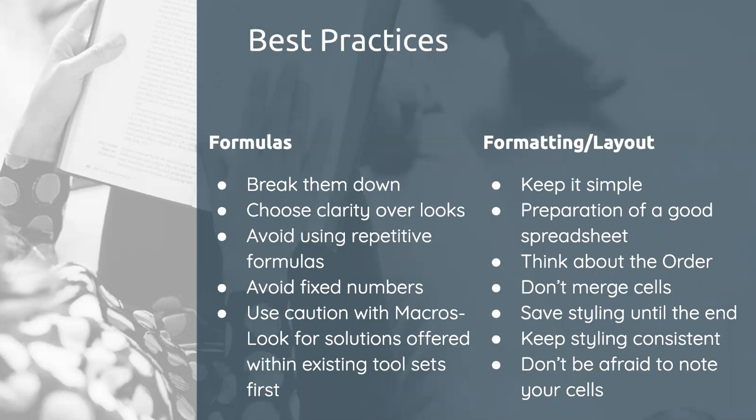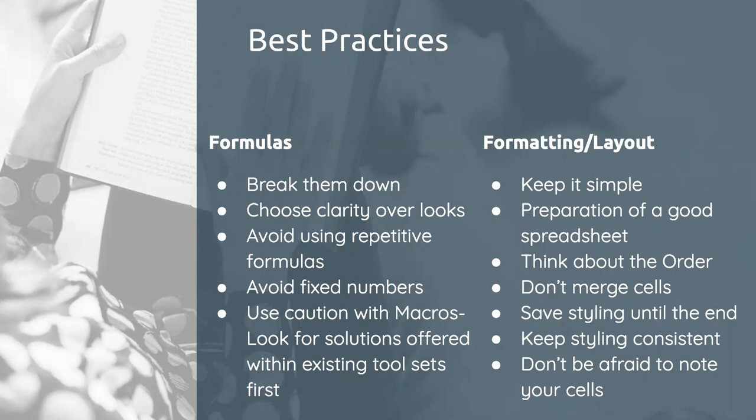Another key one from a formulas perspective is avoid fixed numbers. A lot of times you can simply do an equation and have a variable set to be the number that you want to divide by, and then you are good, you get the answer.